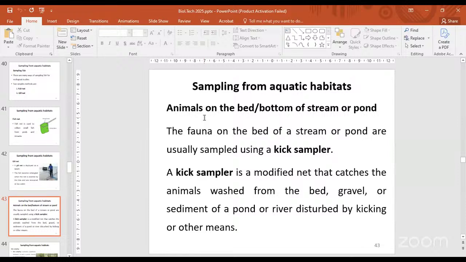Then what about something from the bottom of the river or stream? We can use the kick sampler. The kick sampler is just a modified net which disrupts the bottom of the pond or the stream. And then as the bottom is disrupted and material floats in the water, you take them up with the net attached to the kick sampler.